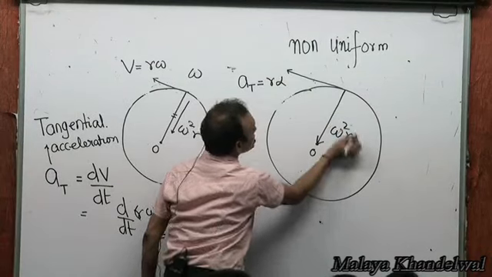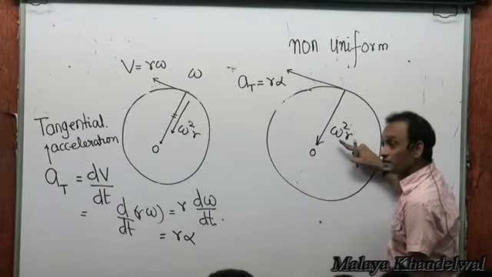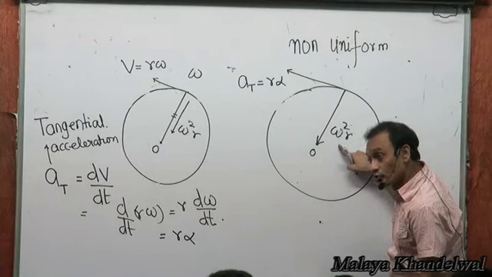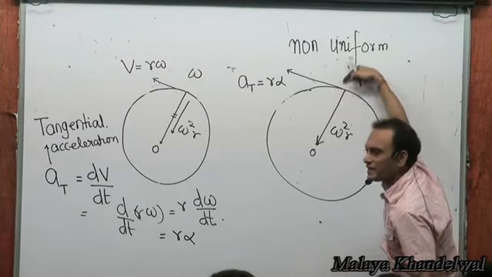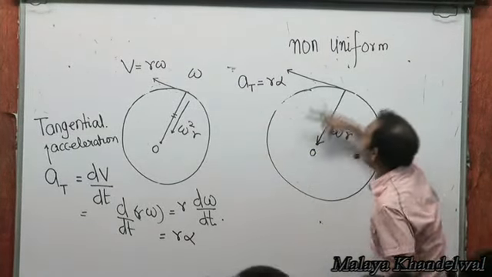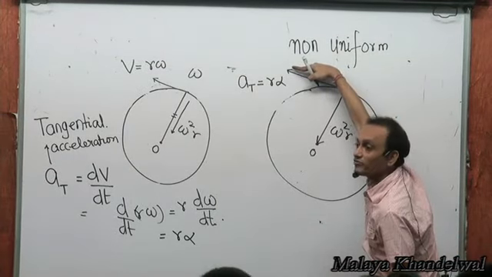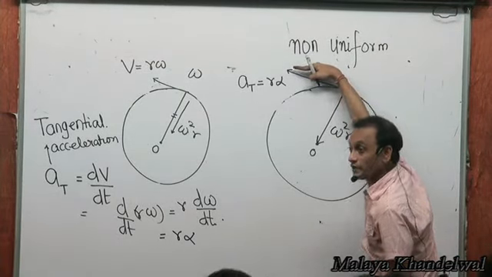Omega is changing with time. So at a given instant when the angular speed is omega, at that instant there is a centripetal acceleration omega squared r, and there is a tangential acceleration r alpha. Yes or no?